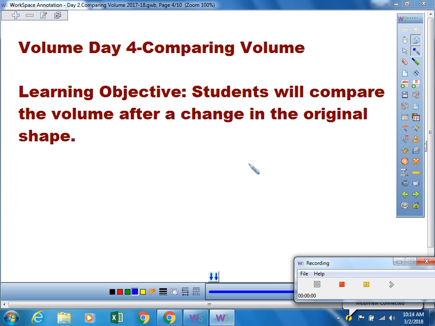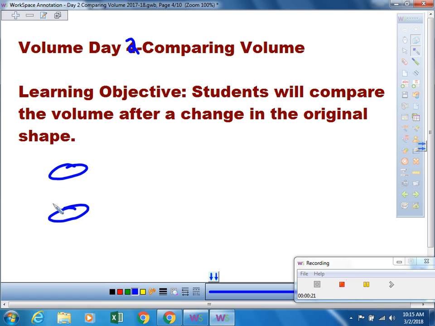Now we're going to compare volume after a change in the original shape. So how does it compare when you have a shape and then maybe you cut the height in half, but it's the same radius?